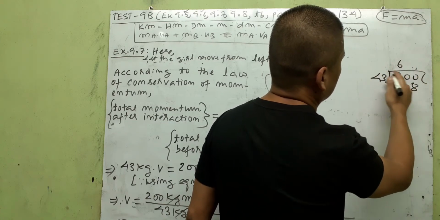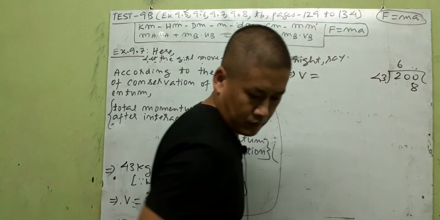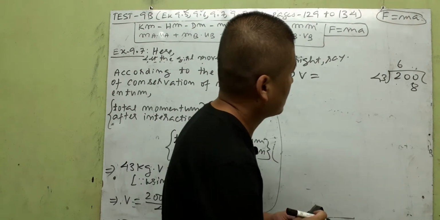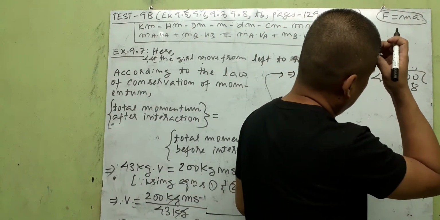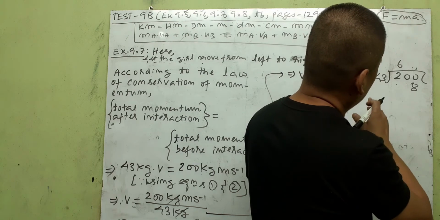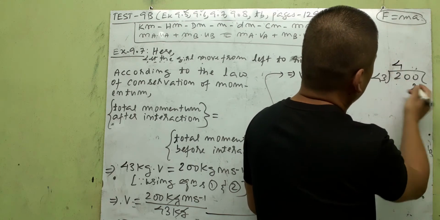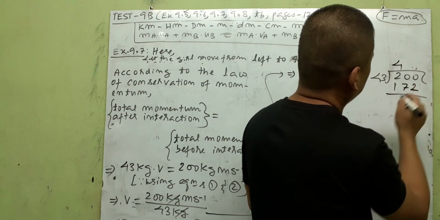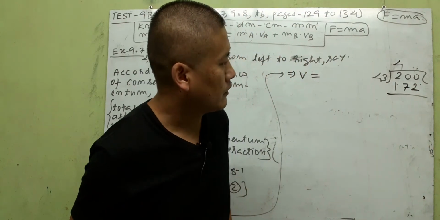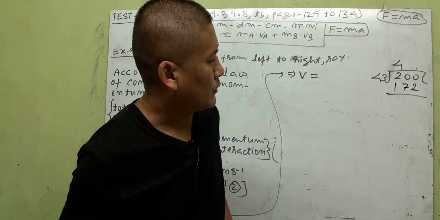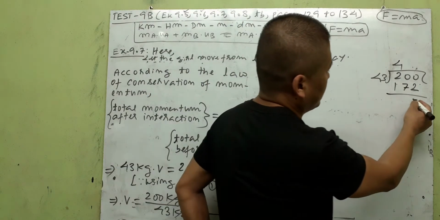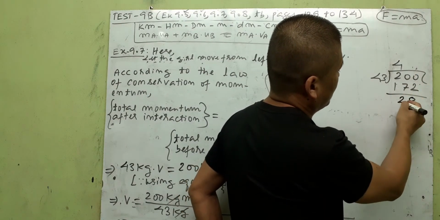6 3s are 18, 6 4s are 24. Sorry, 4 3s are 12, 4 4s are 16, 17. So 8 remains here, 2.